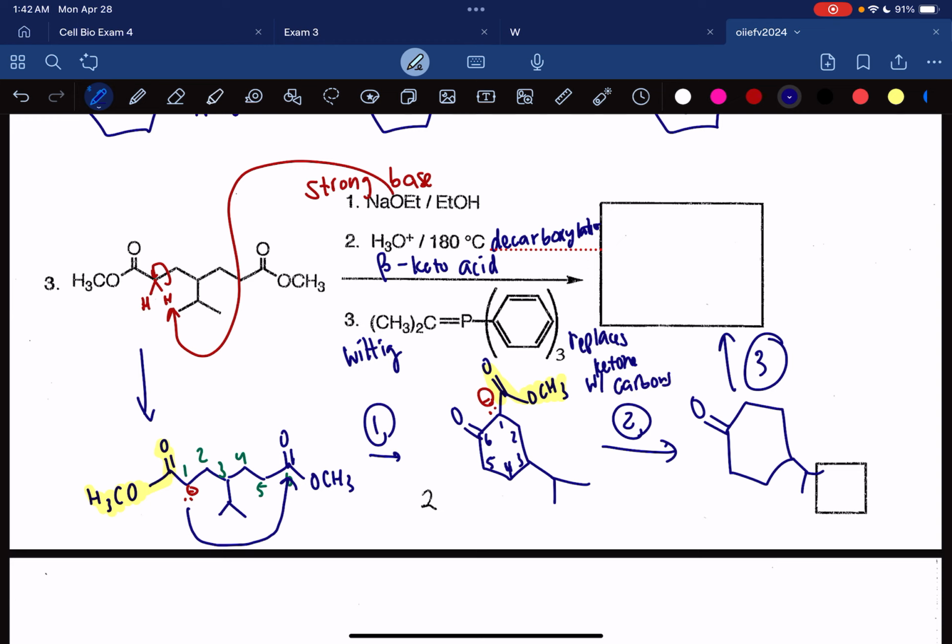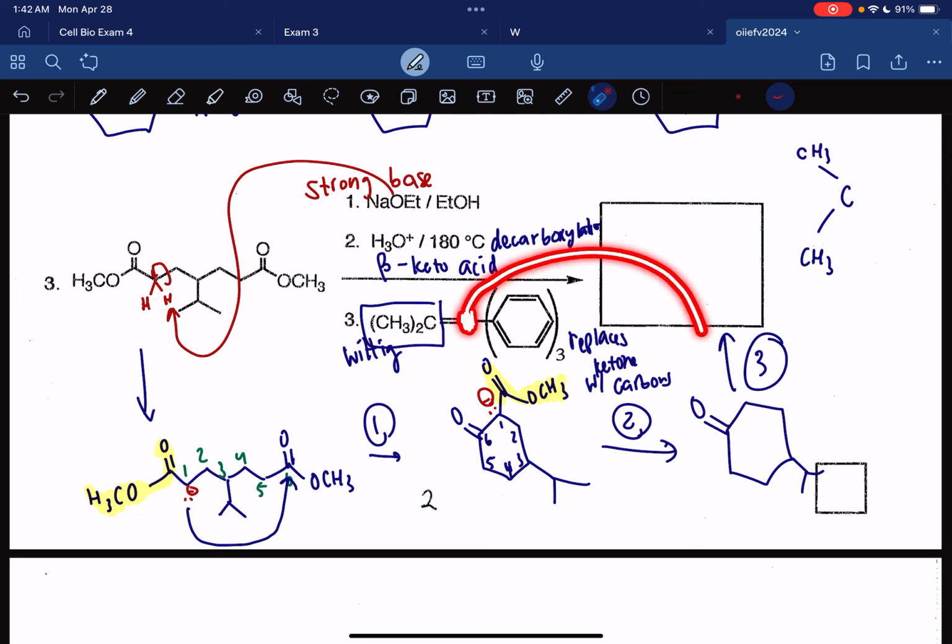So for example, we have a CH3 twice, C, CH3, CH3. And then instead of being double bonded to P, you treat this P as the carbon wherever the O is. So just merge this piece into this piece. So this is now going to be double bonded to the carbon.